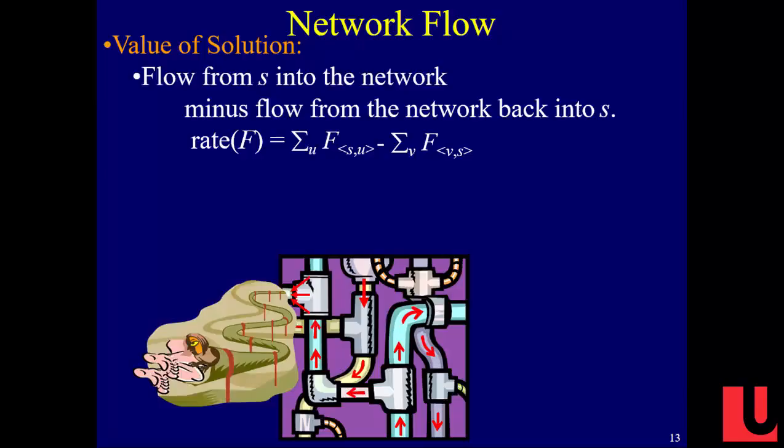So our rate of flow is what's flowing out of S minus anything that comes back to S. Things going in a circle cancel out. Everybody get that?